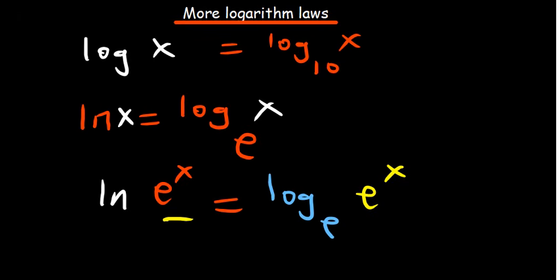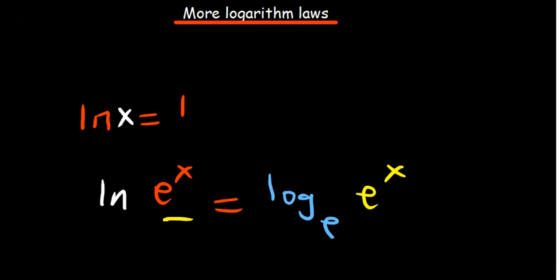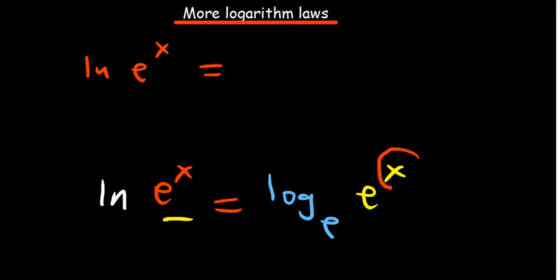How is that going to simplify out? So this is basically going to be the natural log of e to the power x equal to, so we said that the power can go the other side, it can drop and comes at this point. So you have x, then you have log e, then e there.